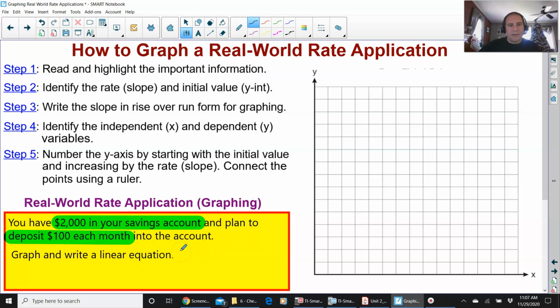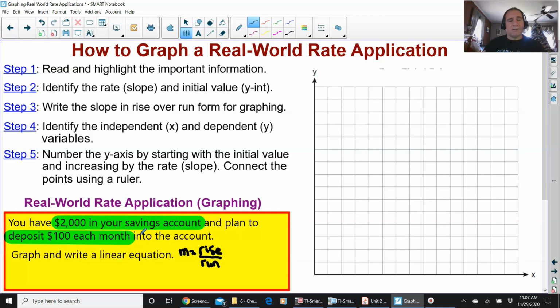So let's go ahead and identify the rate. Remember, it has to be in rise over run, and the only reason why it's going to be in rise over run is because we are going to graph here. So which one is my rate?